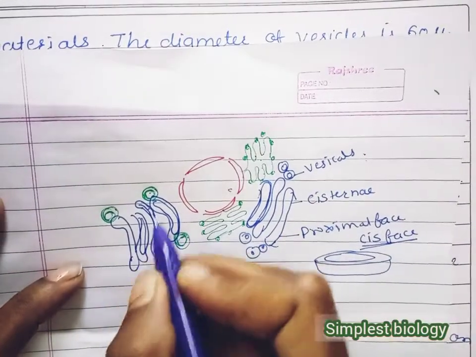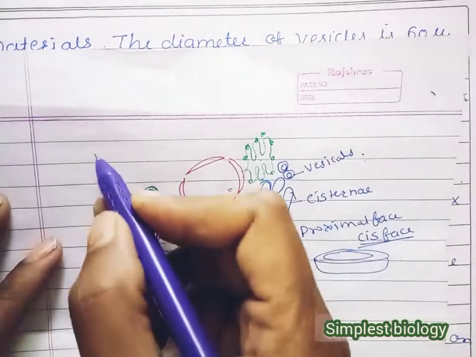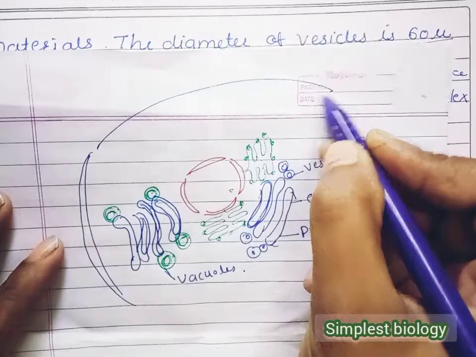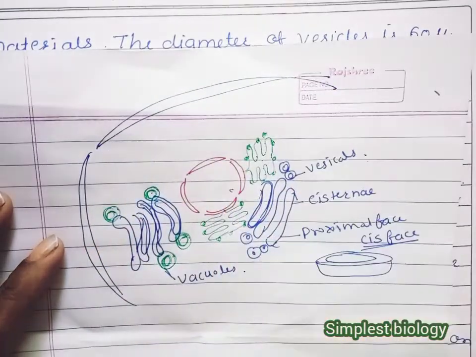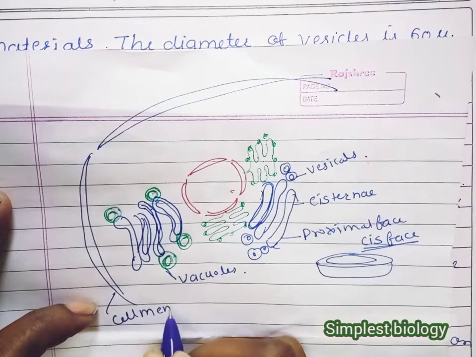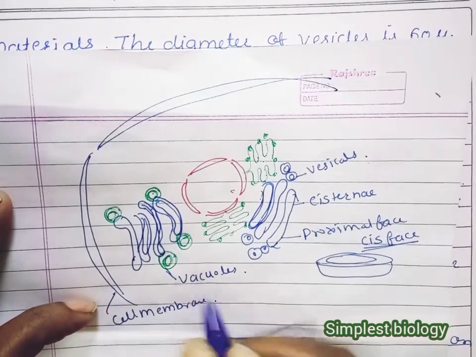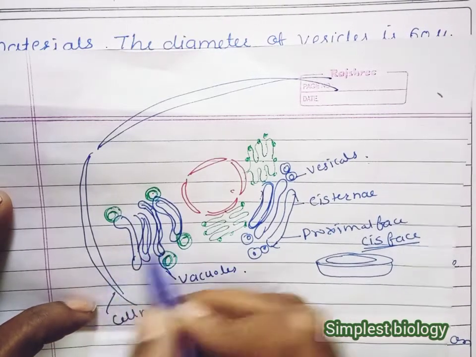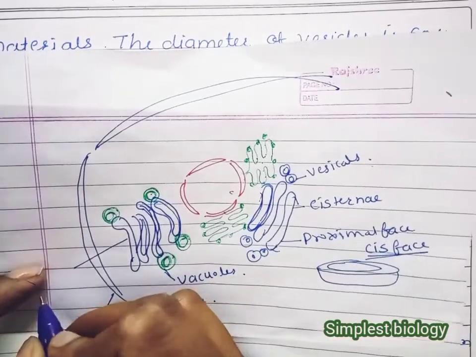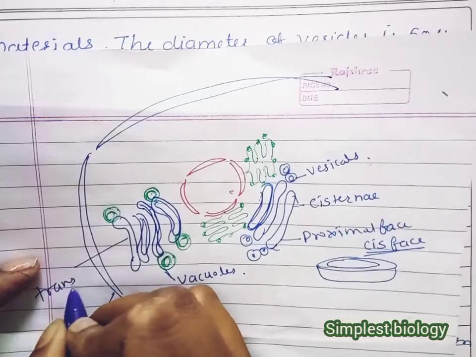And if it is towards the cell membrane, that we call the plasma membrane, the outer covering of the cell, then that face of the Golgi complex we call the trans phase.